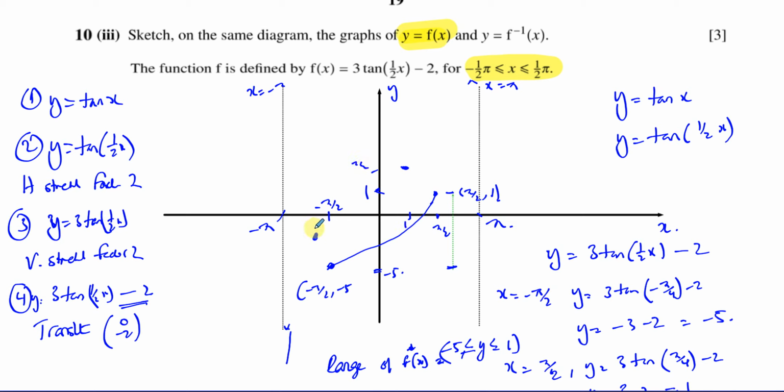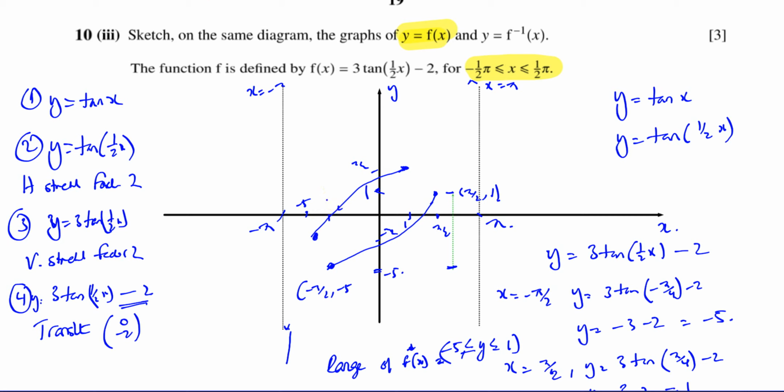And instead of, as we said, this would be minus 5, and this would be minus pi over 2. So it'll look something like this. It's going to have this type of reflected shape. It's not going to go through, it looks like it's going through minus pi over 2, but it's not.